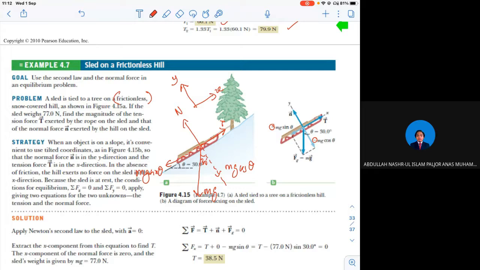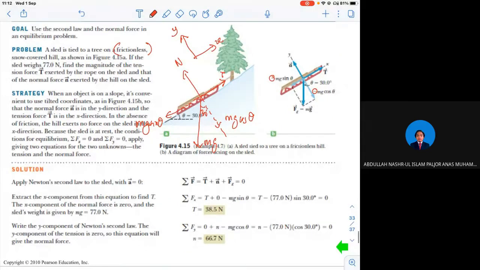Simple, so don't memorize all those things. We want to find T, the tension, and also the normal force. So right now we can establish that T is on the x-axis and N is on the y-axis.